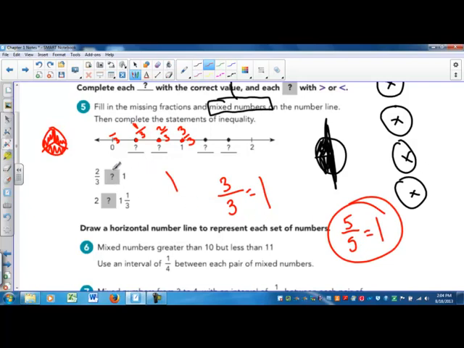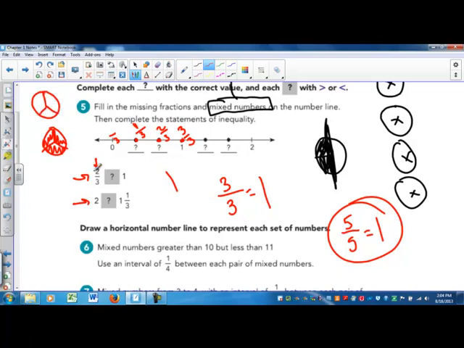Now, down here, we're going to put an inequality symbol in to figure out which one is greater than or less than. 2/3 and 1 whole. Well, guys, a fraction can never be bigger than a whole. Going back to my pizza example, I'll draw another pizza.